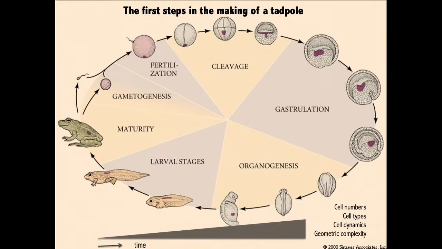They're all characterized by cleavage, aggregation, compaction, cavity formation, layers, etc. So a set of features that characterize development are an increase in cell numbers, an increase in the types of cells, and if you can watch this happen in real time, you'll also see that it's accompanied by an increase in the complexity of the dynamics of individual cells that make it up, that eventually lead to geometric complexity.